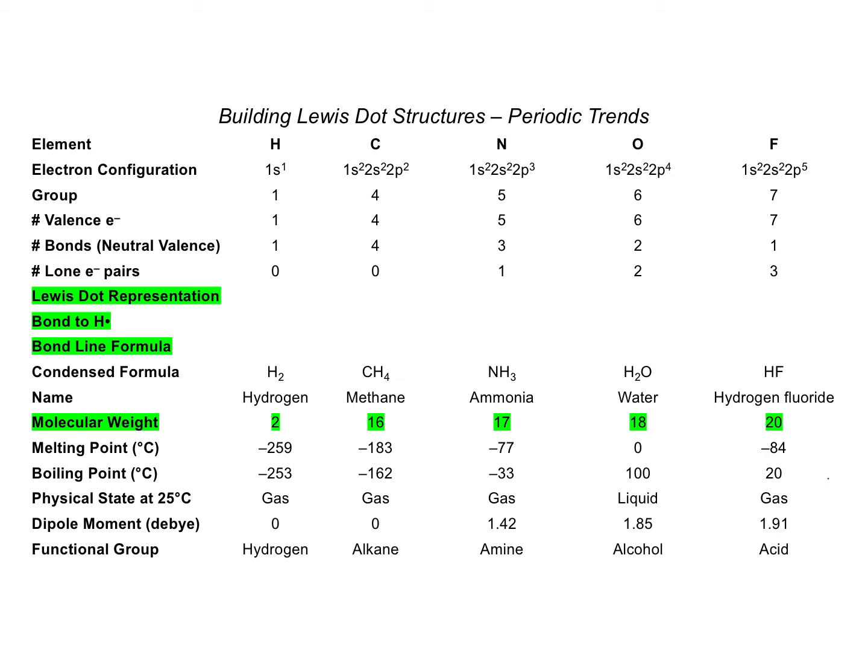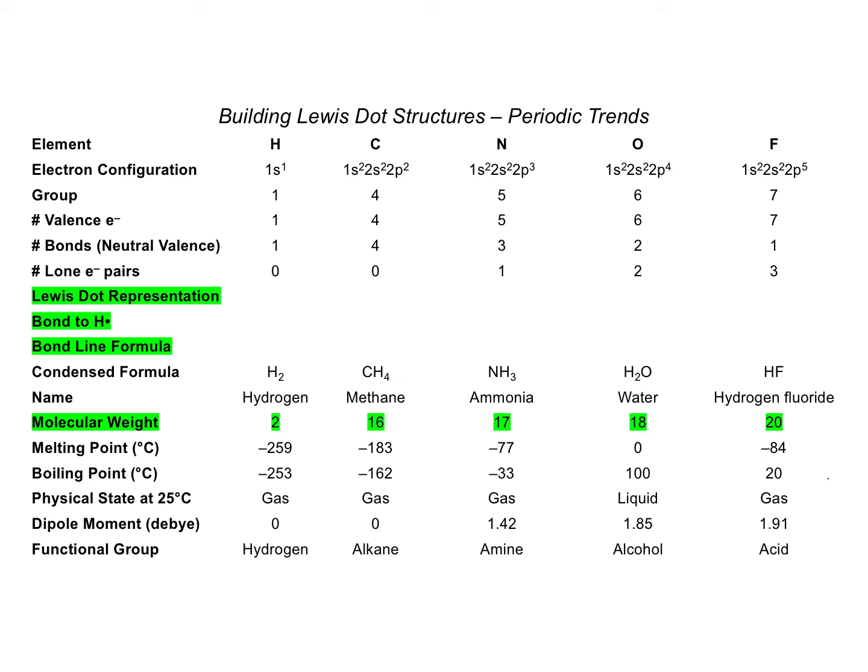So we've already done this in class, but let's just go ahead and review it. If we are given a condensed formula like this, we need to be able to convert it to a Lewis dot representation and a bond line formula. So what we'll do is look at the constituent elements of each molecular formula.